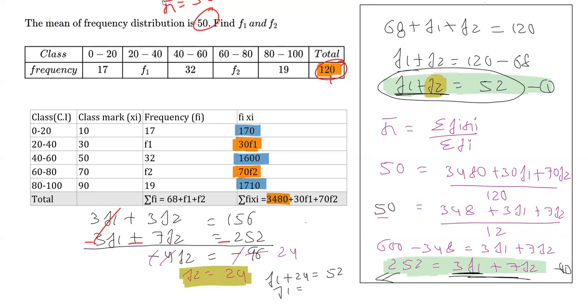F1 will be calculated as 52 minus 24, which gives 28. So F1 is 28. That means we got F1 and F2. We can replace F1 with 28 and F2 being 24. That's how we'll be doing this question.